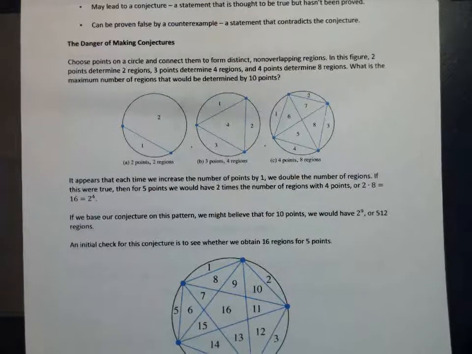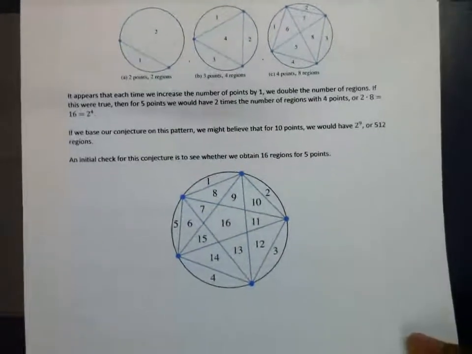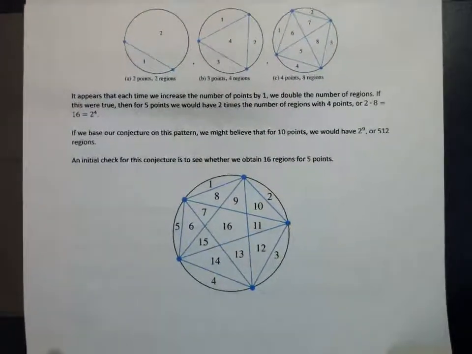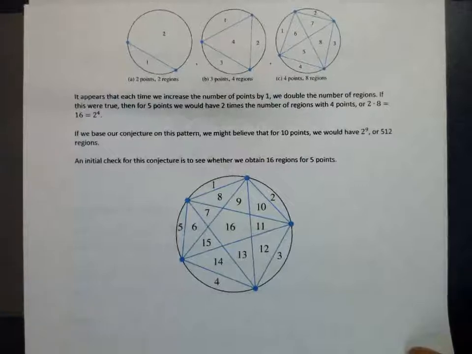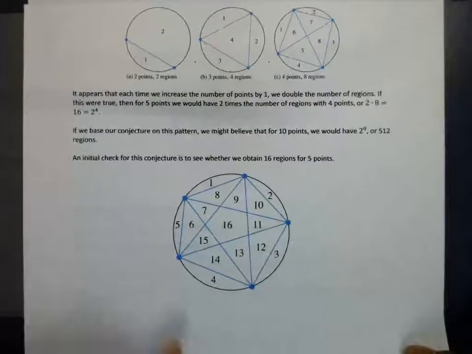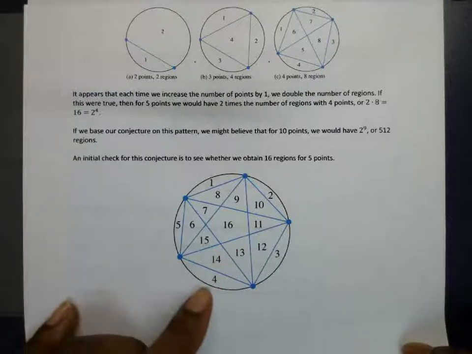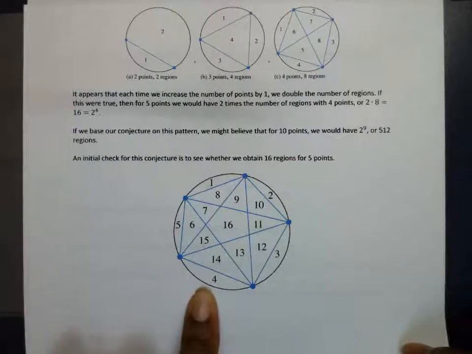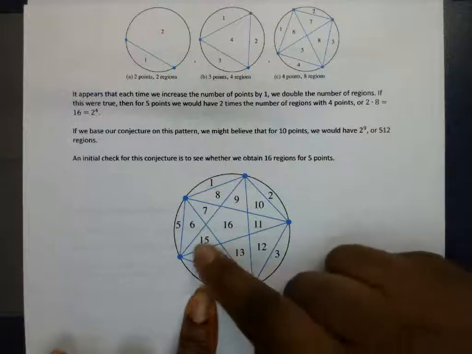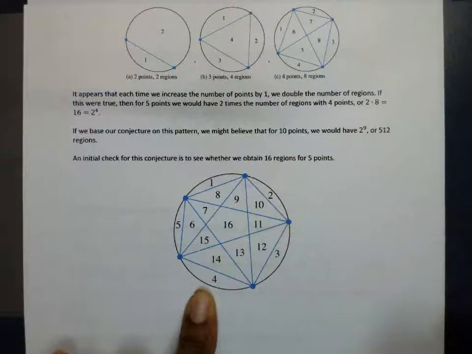Okay. Now, an initial check for this conjecture is to see whether we obtain 16 regions from 5 points. And in this case, if you look at it, we do. We have 16 regions from 5 points if you were to connect all the dots in every possible way.